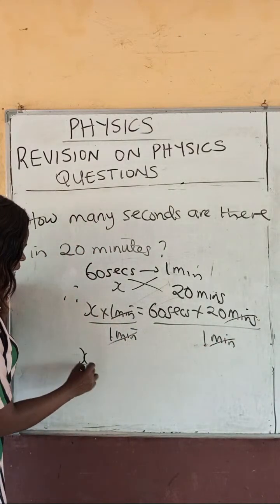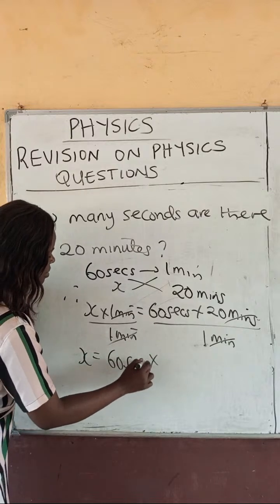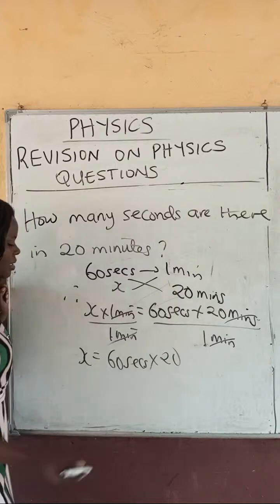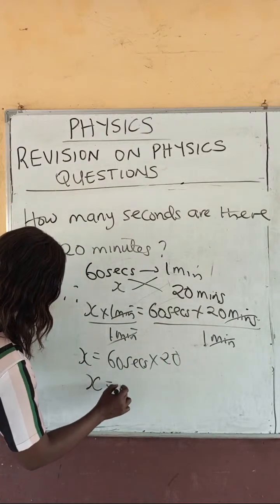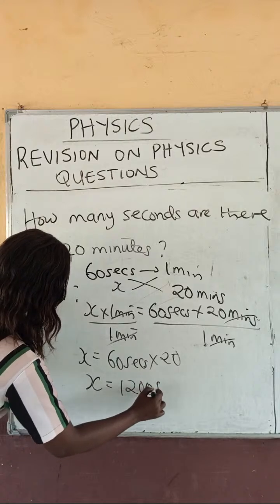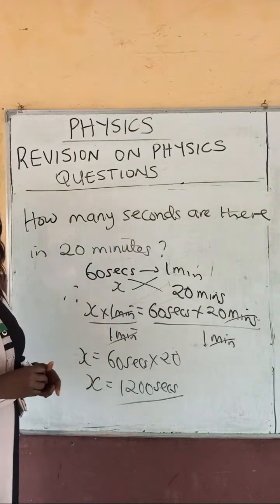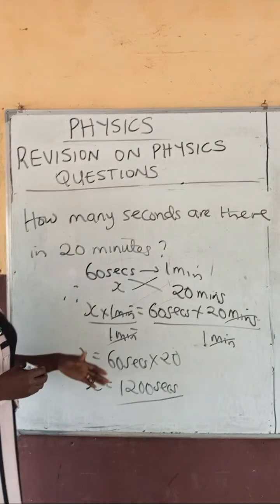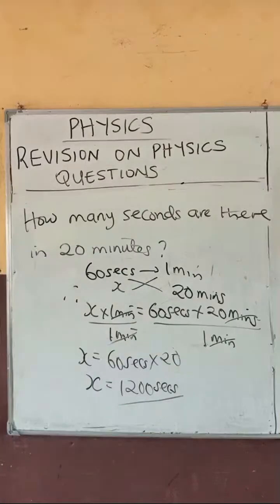So I have X equals 60 seconds times 20. So I'm going to have 1,200 seconds, right? So this is the amount of seconds that are there in 20 minutes. I hope it's okay. I hope you get it right.